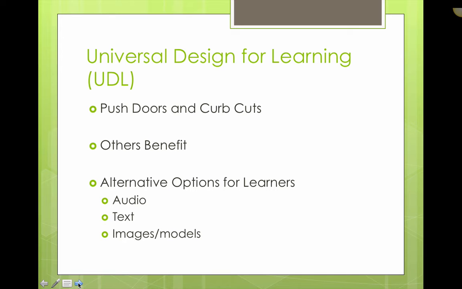All of these things provide different means to access the curriculum. If we provide different ways to get knowledge, to interact with the knowledge, and share that content knowledge, we provide options for learners.